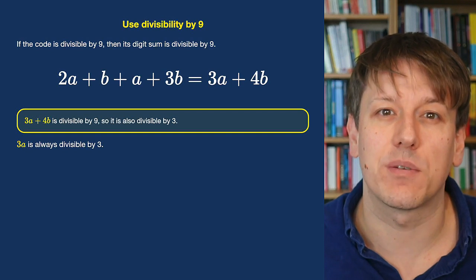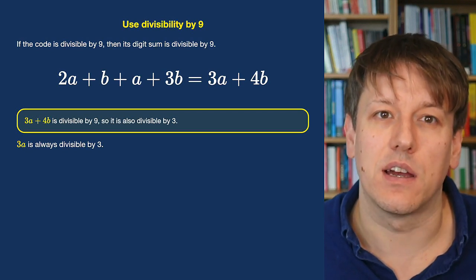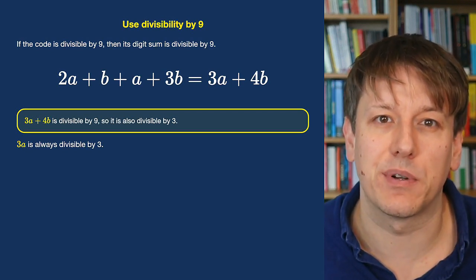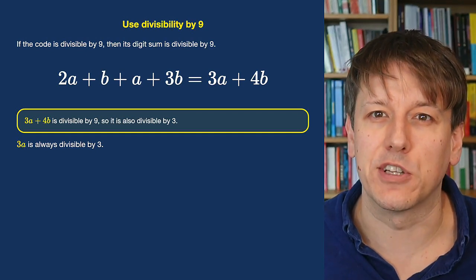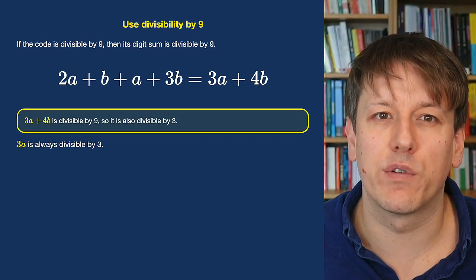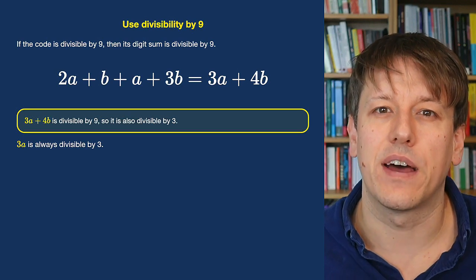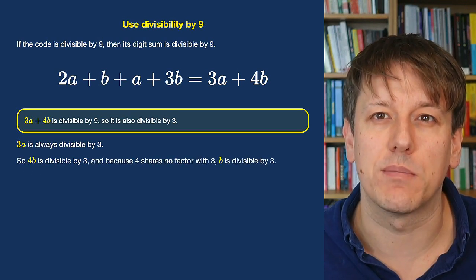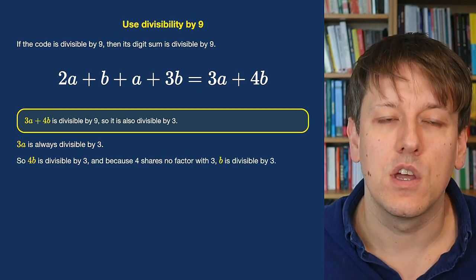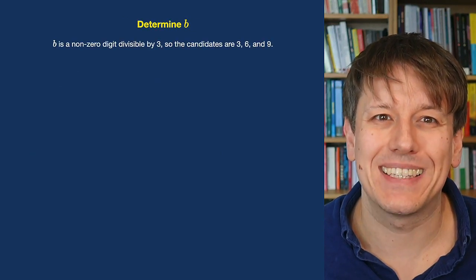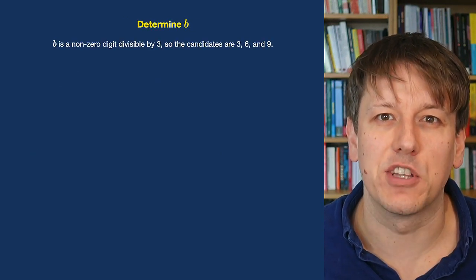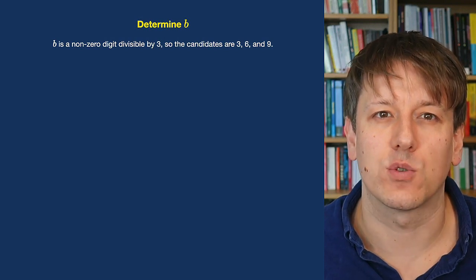So it actually tells us something about B, because if 3A plus 4B is a multiple of 3 and 3A is a multiple of 3, then that would mean that 4B would have to be a multiple of 3 as well. And because 4 and 3 have no factors in common, that means that B itself is also a multiple of 3. So because B is not 0, the only possibilities for a digit that's a multiple of 3 would be 3, 6, or 9.